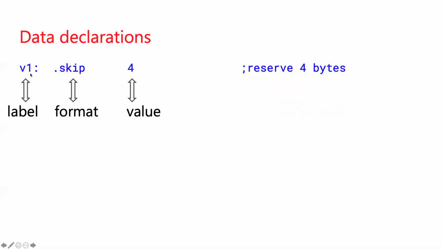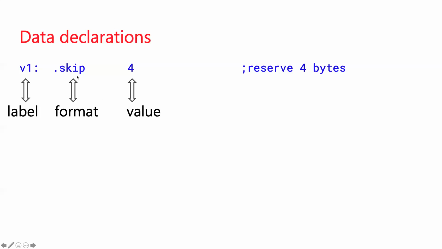Here we have a colon at the end of the label, so the same syntax as we've done with labels within our assembly language. And then the next item, you can use that to declare word, half word, or byte-sized data. Or if you just want to skip a number of bytes, you can do that to reserve space that you don't want to initialize yet.